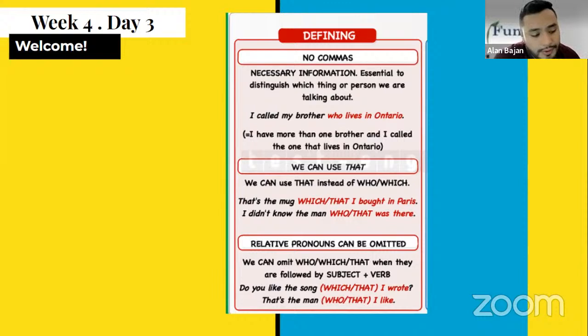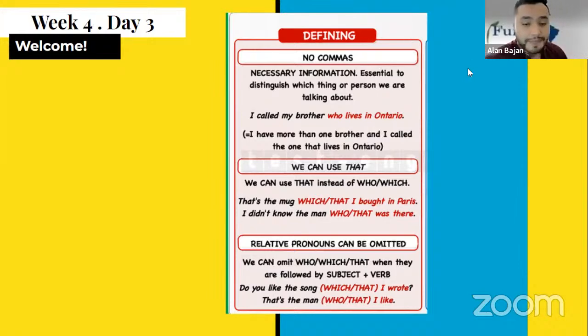Or that's the man I like, a girl can say. When girls see their crushes, oh, that's the man I like. When the girls see Chris Evans, oh, that's the actor I like. You know Chris Evans, Captain America. So that's how it works.